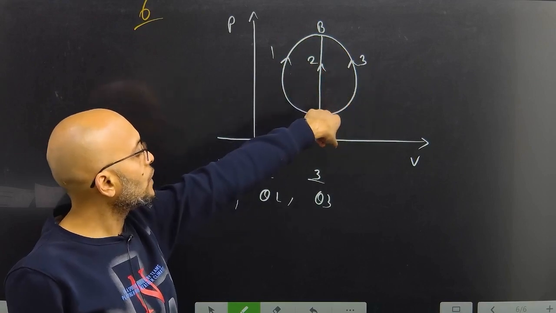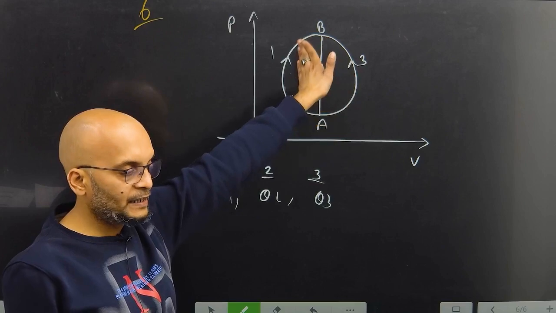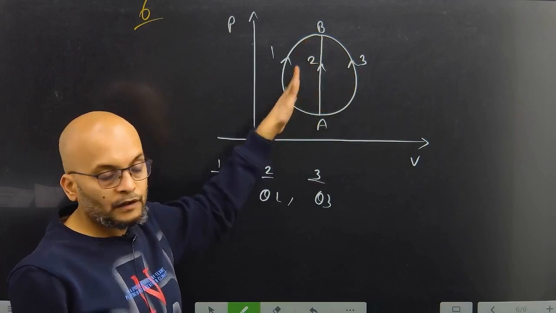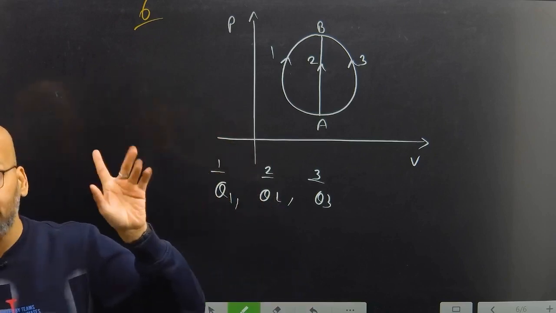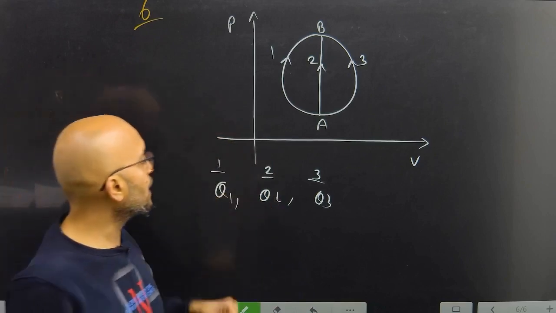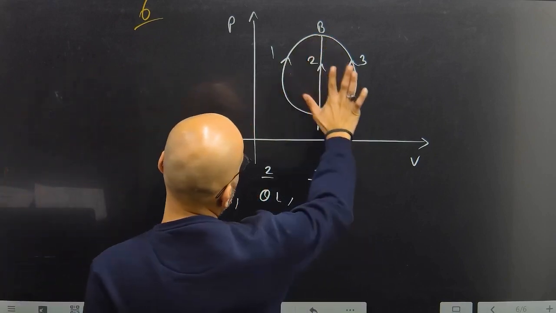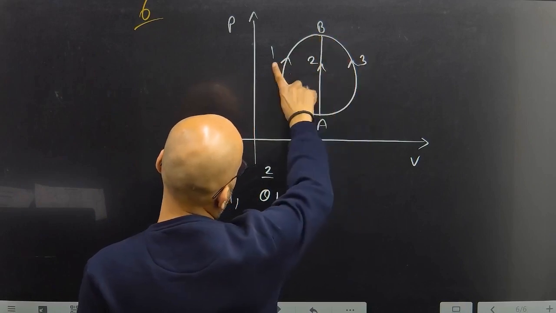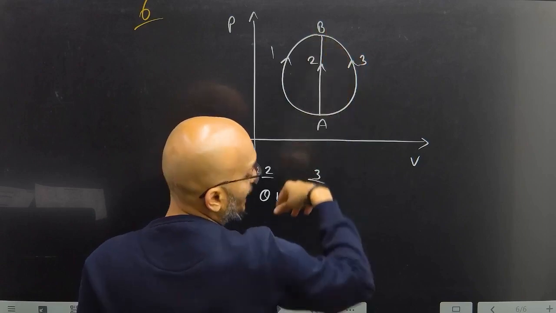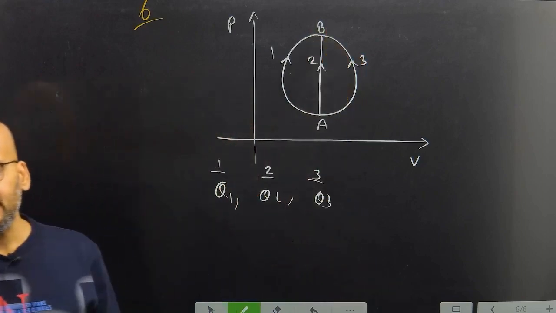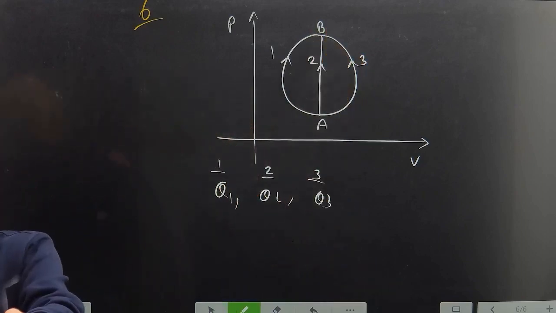Here for A to B along 3, it will be negative. For the second process, it will be neither. I am talking about the work done. Work done for AB will be positive via path 1, negative via path 3, and nearly neutral via path 2.